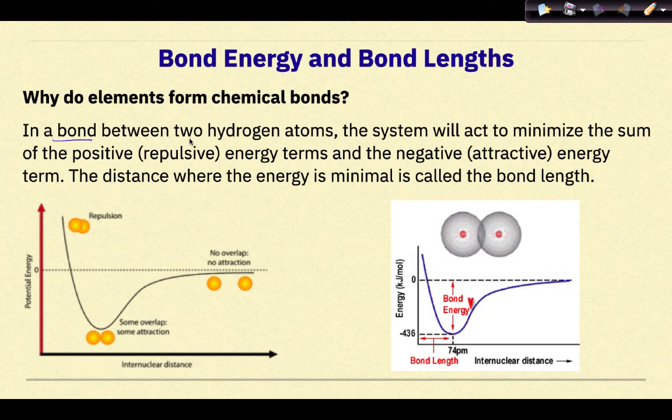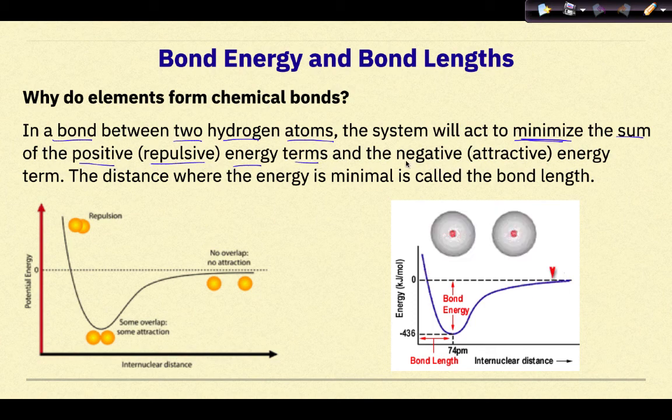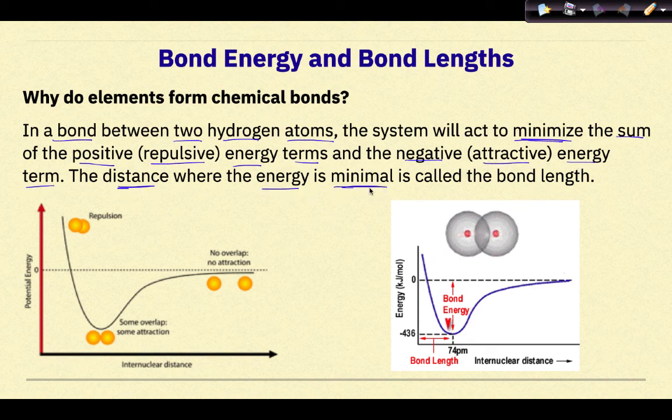In a bond between two hydrogen atoms, the system will act to minimize the sum of the positive or repulsive energy terms and the negative attractive energy term. The distance where the energy is minimal is called the bond length.